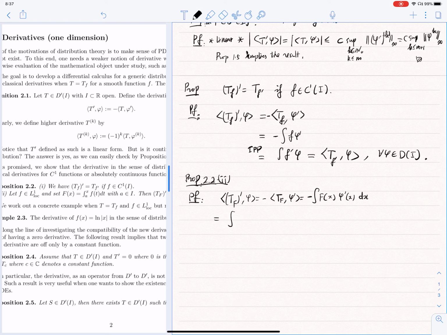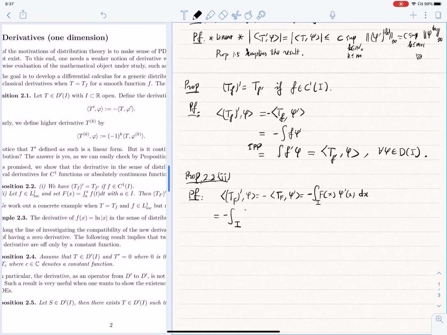The support is included in I, so we do not lose anything by putting an I over there. And now we actually have a double integral, because F is defined as an integral from a to x of f(t) dt, times phi prime(x) dx.